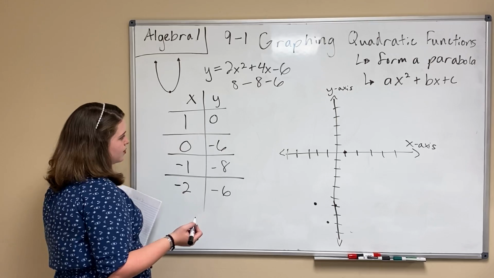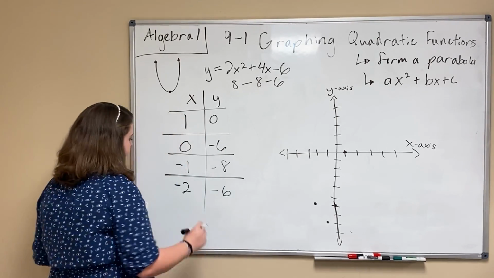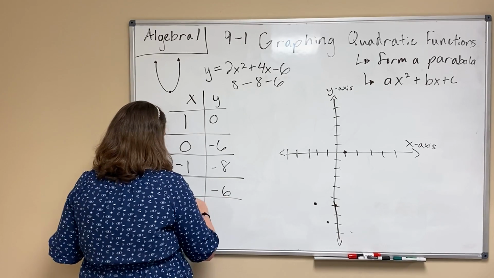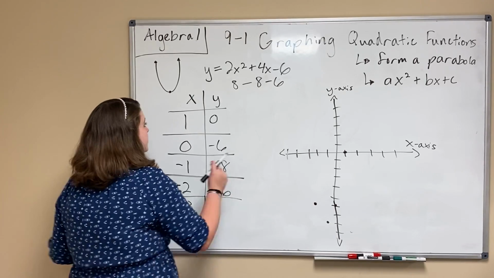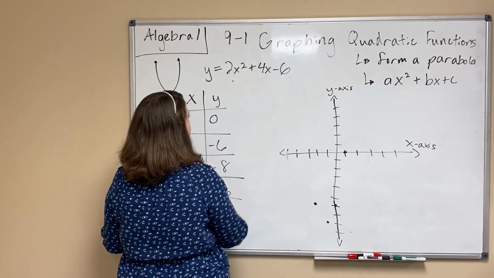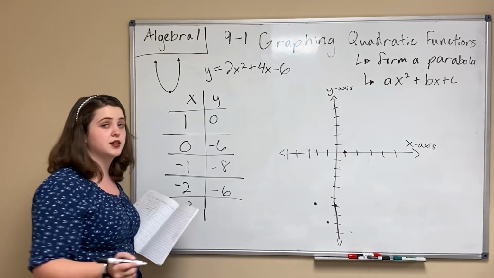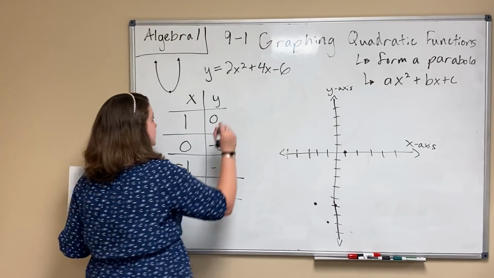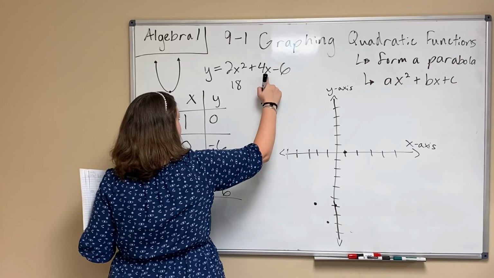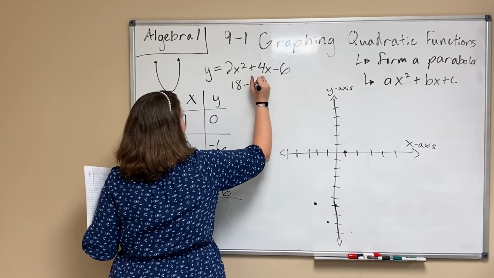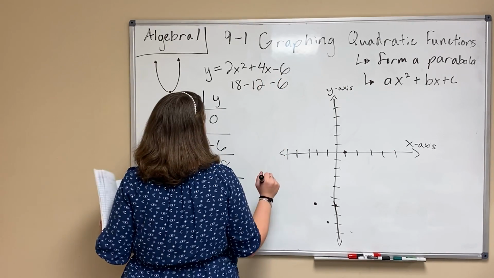So if I did this right, when I do -3, I should be back up at 0. Let's give it a shot. -3. Okay. So if I put -3 in, -3 times -3 is going to give us 9. And 9 times 2 is 18. 4 times -3 is going to give me -12 and minus 6.